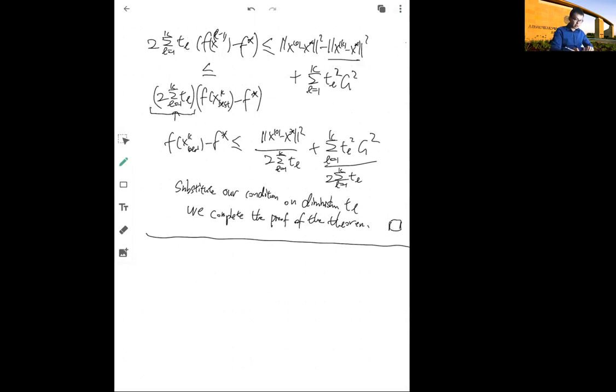Yeah, so another thing that we can directly read off from this convergence proof is that suppose we only want to run for capital K iterations, and want to use a fixed learning rate t. Okay, what is the t that we need to be choosing? So this actually simplifies the picture quite a bit.